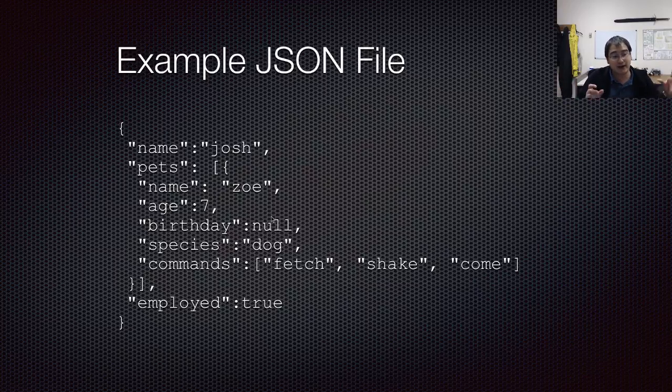And then we also have another key in the big dictionary called employed, and it maps to true. Okay, so that is the JSON file specification.